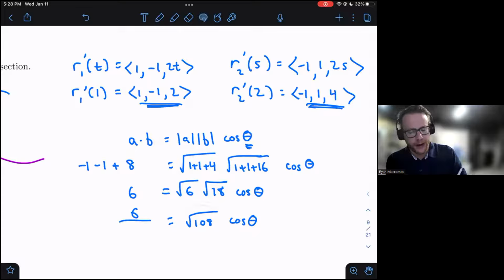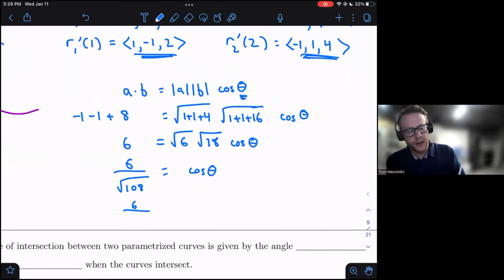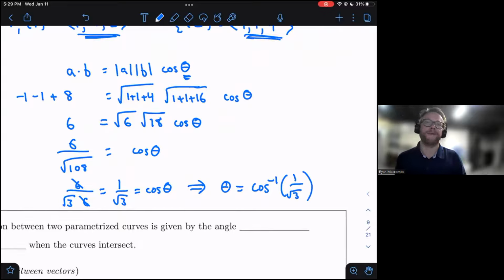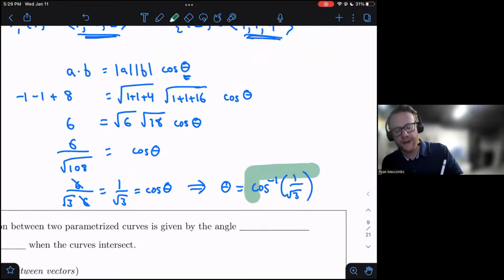Oh, sorry, let me divide by this here. Cheat using technology a little bit. And so again, this is the square root of 3 times the square root of 36. And the square root of 36 is just 6. So actually these very nicely cancel, and we just have this 1 over √3. So our angle is going to be arc cosine, or cosine inverse, of 1 divided by root 3. And that right there would be our final answer.